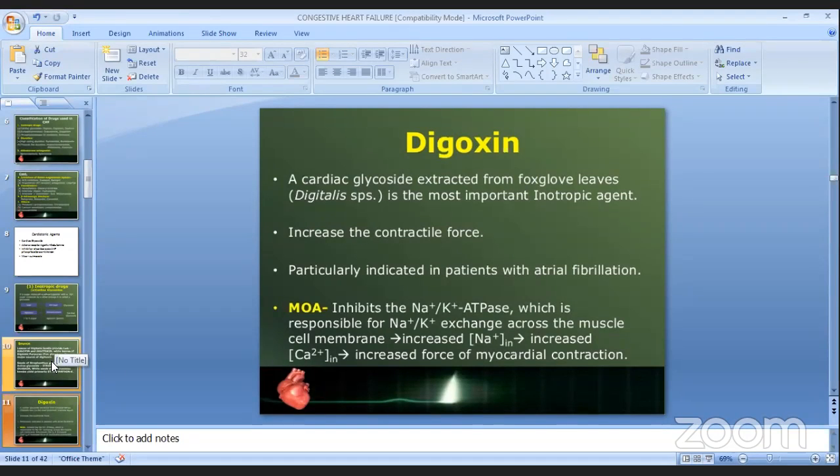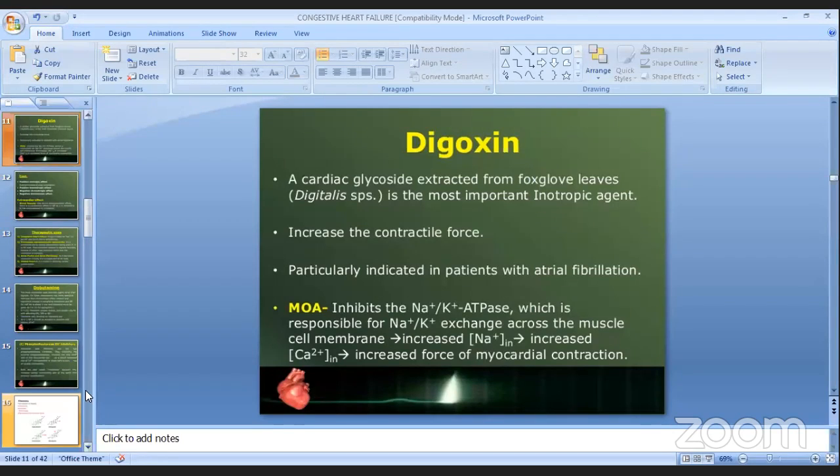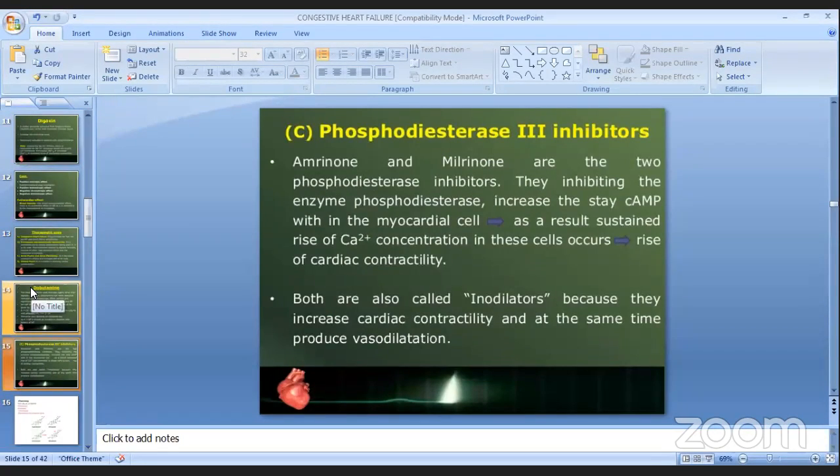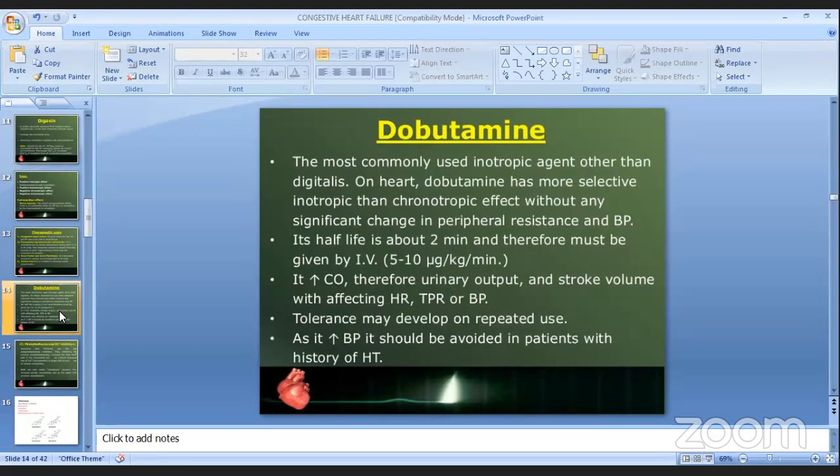Next category of drugs that we are going to discuss: I have discussed the structure of phosphodiesterase inhibitors, which act by the same process. Dobutamine is also one category of drug, an adrenergic type of drug.